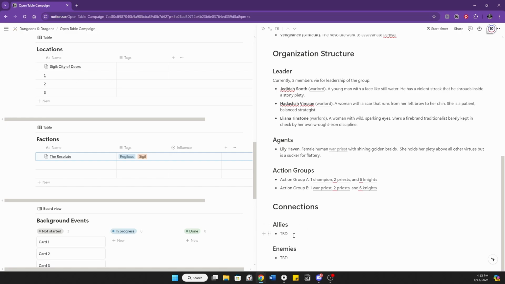Now, connections are all about the faction's relationship mostly to other factions. So in the context of this example, there are 3 other factions that exist in this world that the Resolute have relationships with, either as allies or enemies of, and even though there's tons of other factions, the Resolute are, for the most part, pretty indifferent to most of them, and therefore they don't need to be listed here.